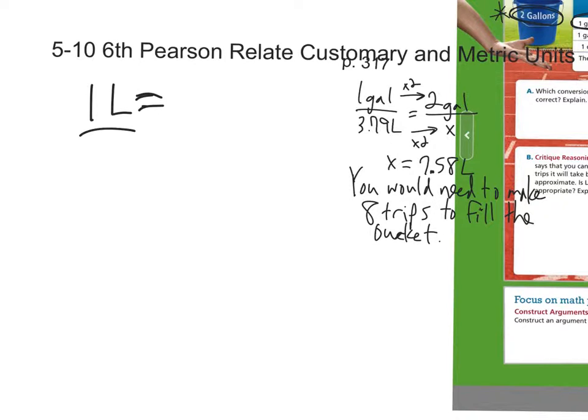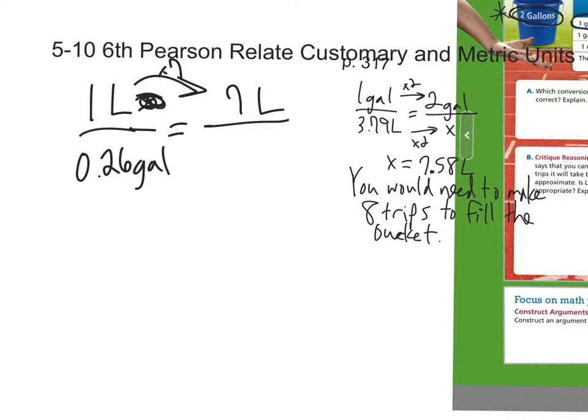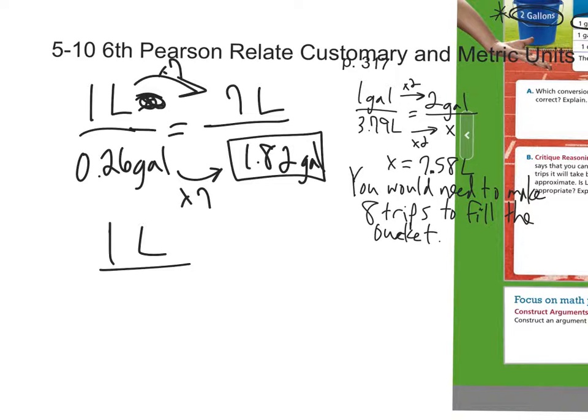If 1 liter is about 26 hundredths of a gallon, and we're making 7 trips with our liter bucket, we're going to have 7 liters. We multiply that by 7, that would be 1.82 gallons. It's a 2-gallon bucket, so that's not going to be quite enough.